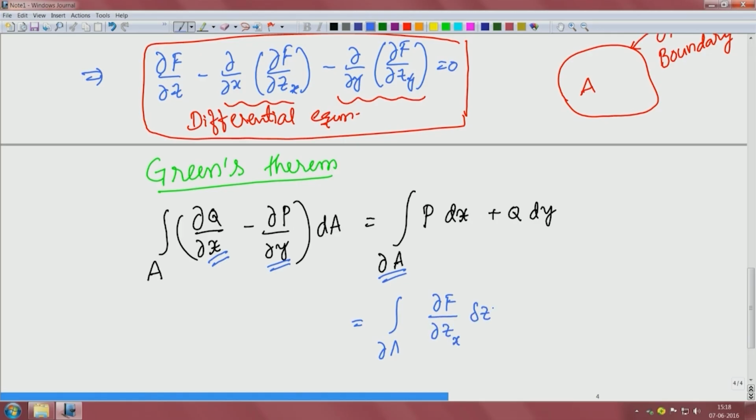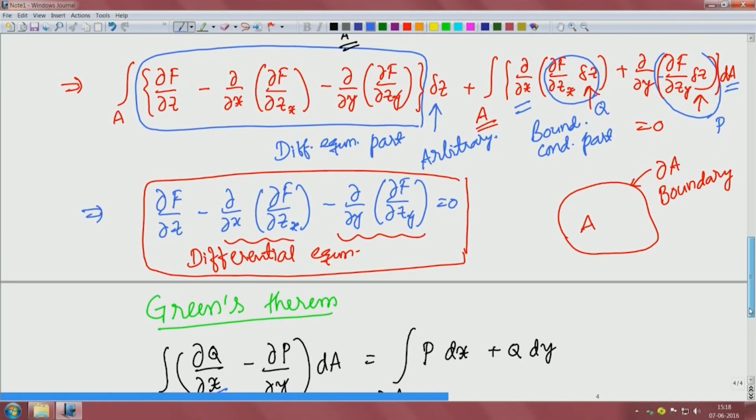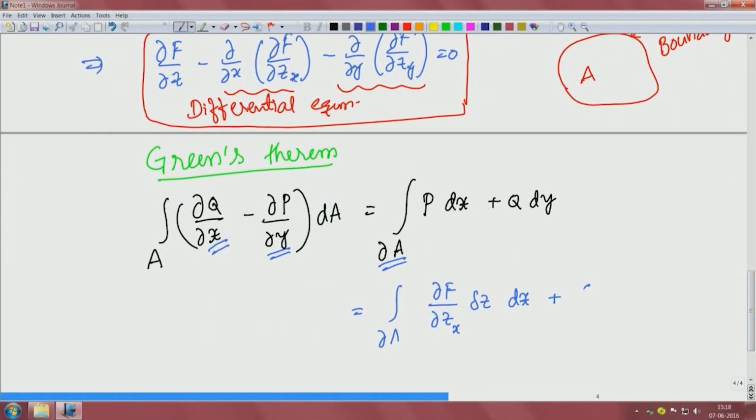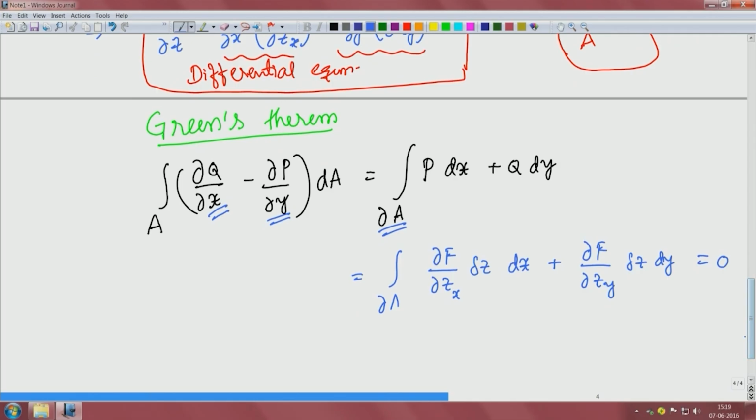Delta z is arbitrary, and then p into dx, plus we have q dy. The q is dou f by dou z sub y delta z, times dy, and that should be equal to 0, because that is the condition we had according to Green's theorem, which is this.